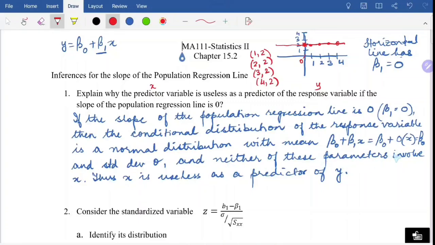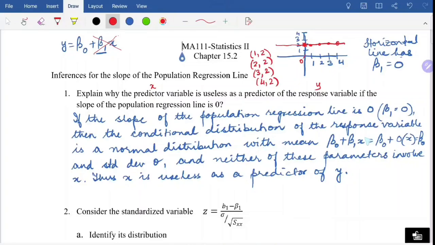And neither of these parameters involve x, right? Because the slope is 0, we are left with an equation which is y equals beta sub 0. This whole second term with the slope is eliminated. And that is the reason x is useless as a predictor of y. So that's the explanation.